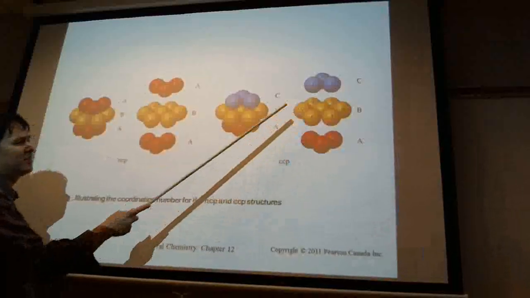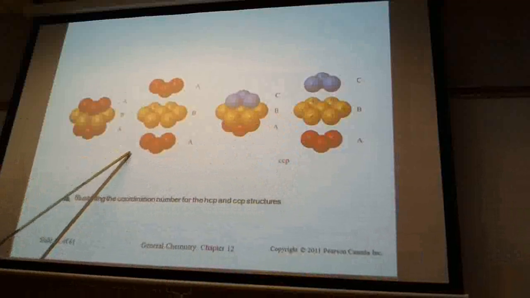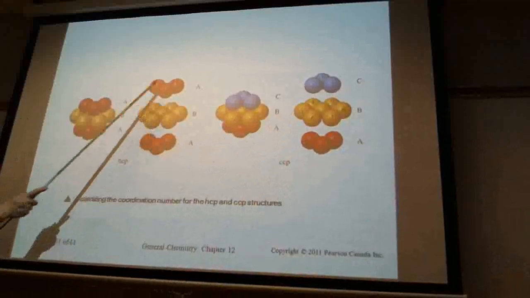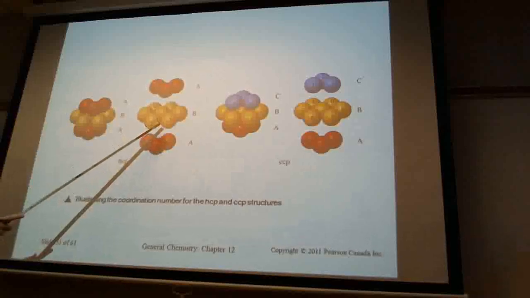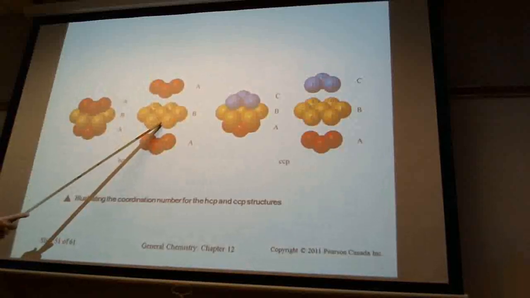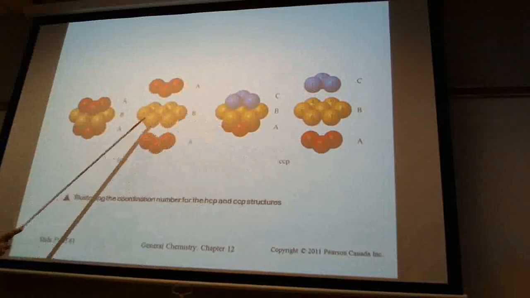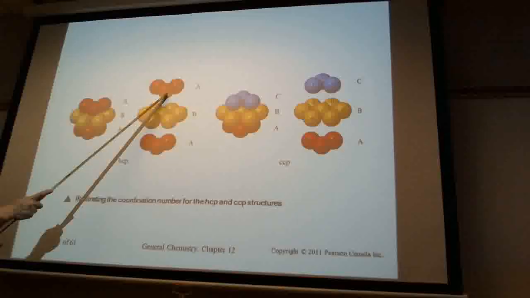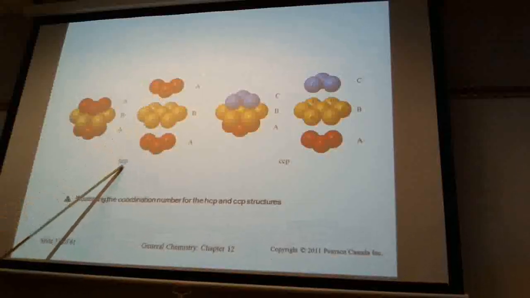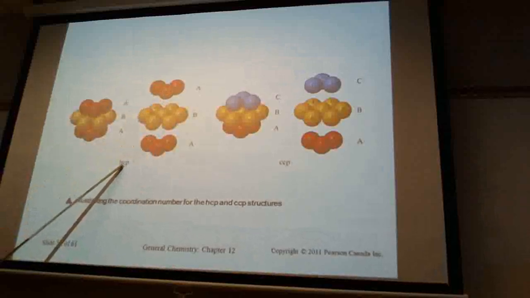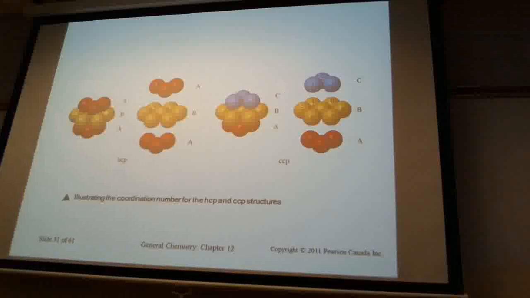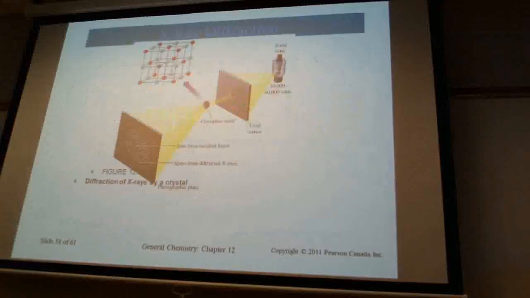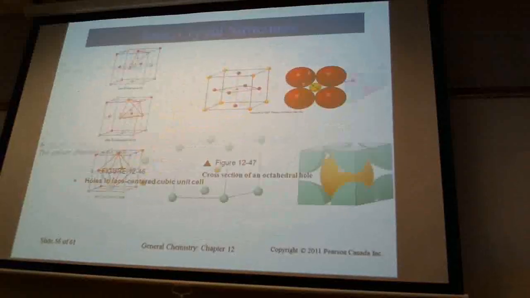But we also have the alternate pattern, ABA, which is equally dense with the exact same packing efficiency. It just has the ABA pattern. Well, the ABA pattern doesn't fit in the cube as the repeating block. It's hexagonal closest packing. A hexagonal unit cell looks a little different than a cubic unit cell.